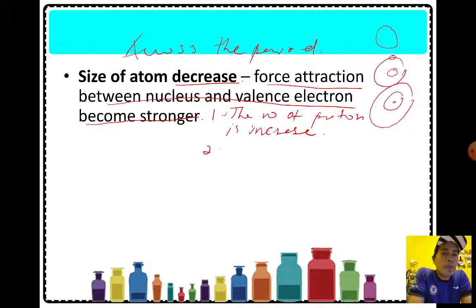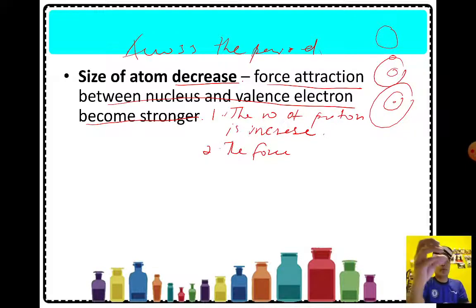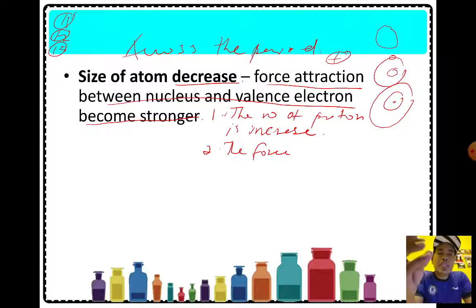Number 2, the force. Okey, kena ingat bila bilangan proton bertambah, proton ni charge apa? Charge positif. Okay. Bila charge positif bertambah, mula-mula dia ada 11, 12, 13, tengah-tengah tu. Dia punya nukleus tu, 11 daya tarikan dia lemah lagi. 12 daya tarikan dia kuat, dia tarik elektron tu kuat. 13 dia lagi kuat. 14 dia lagi kuat.